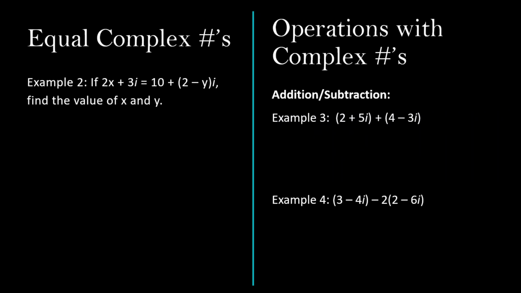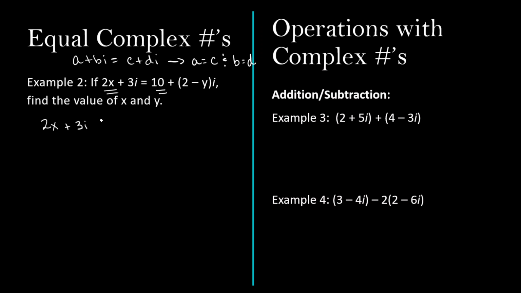Okay? Now, for two complex numbers to be equal, this would imply that the real parts are equal and the imaginary parts are equal. So in example 2 here, I'm going to take the real parts.